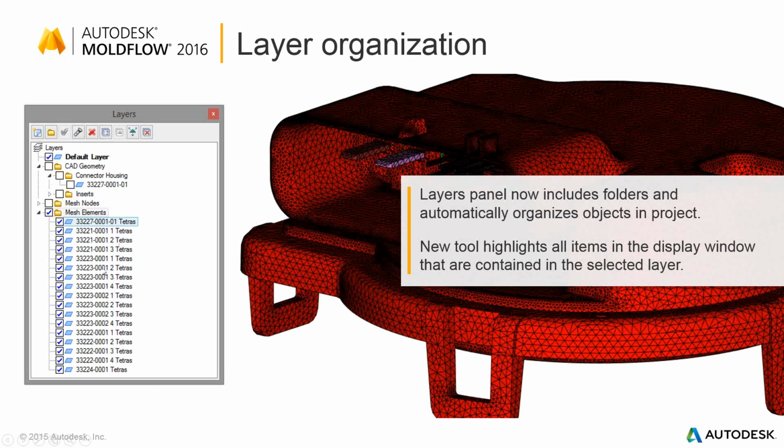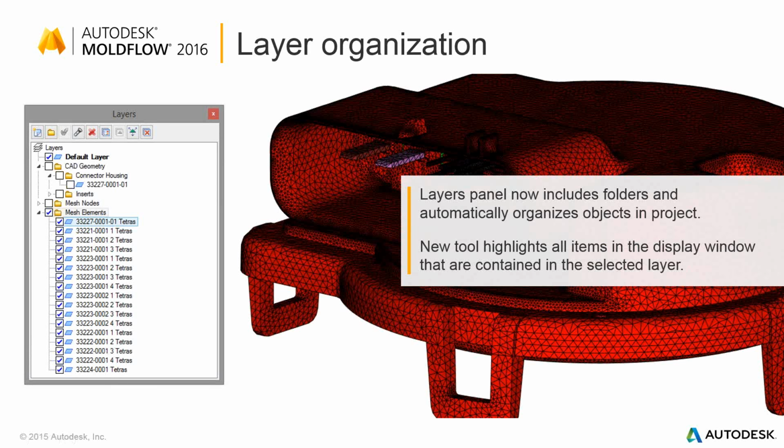So if you hover over this, all the elements in that particular layer would highlight in blue in the model, and it also works the other way around. If you were to select an element over here and click on the highlight icon, it would jump to where the elements are. So much easier to find out which components are in which layer and such.